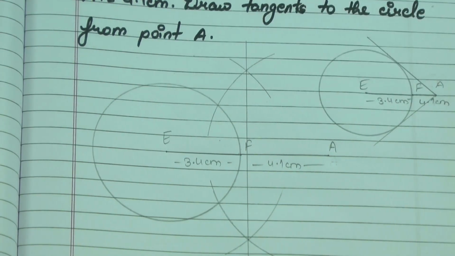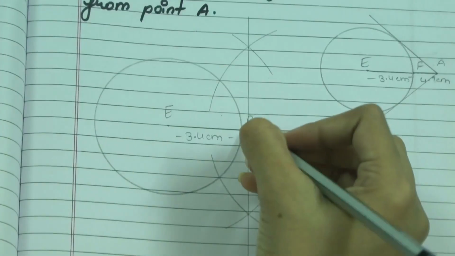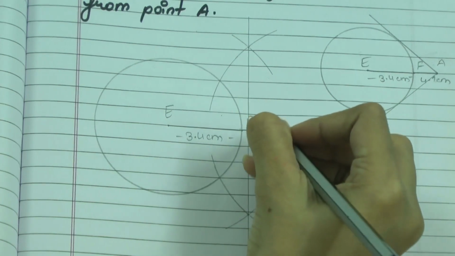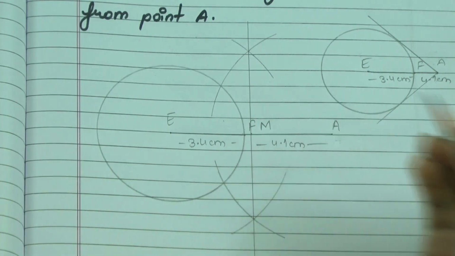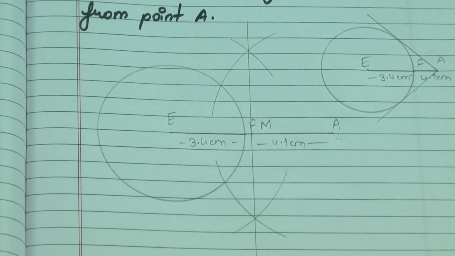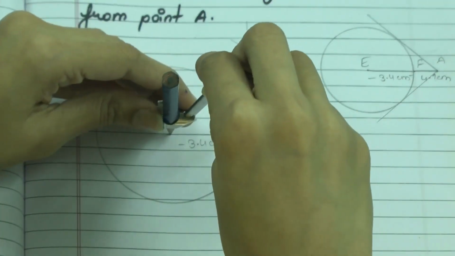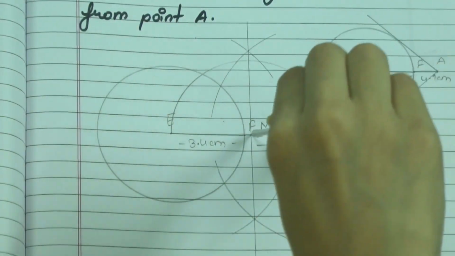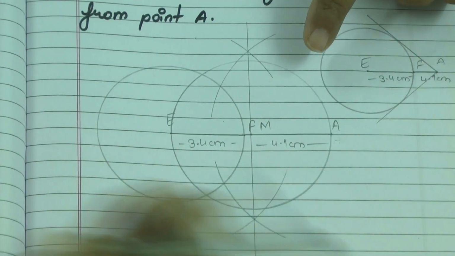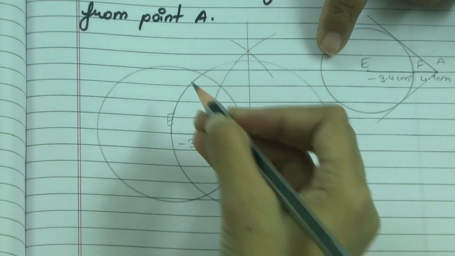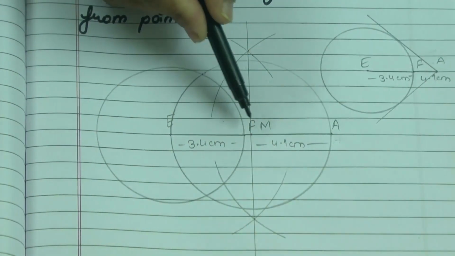Now consider the point where this line is cutting the EA as a center, and draw a circle which should pass through E and A. Now, wherever the circle with center M intersects, label this point as F properly.